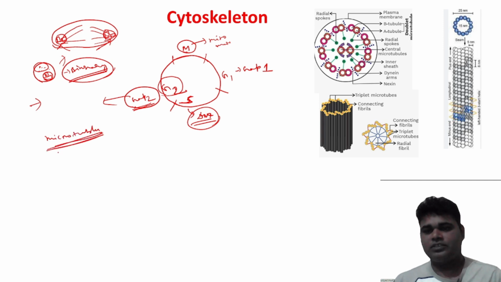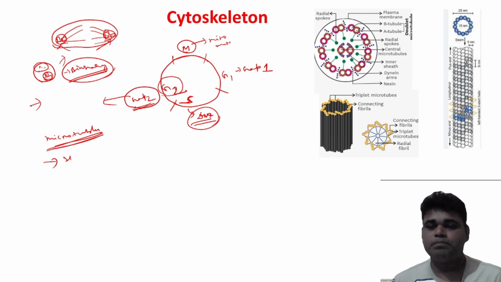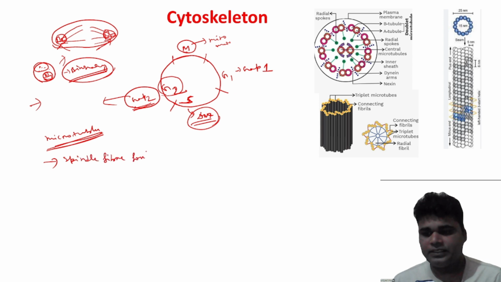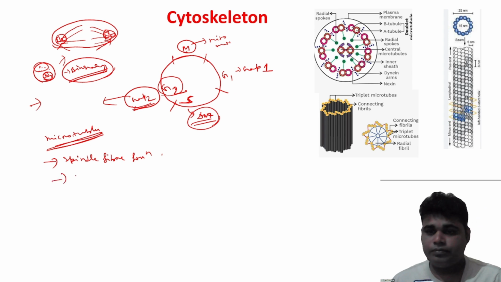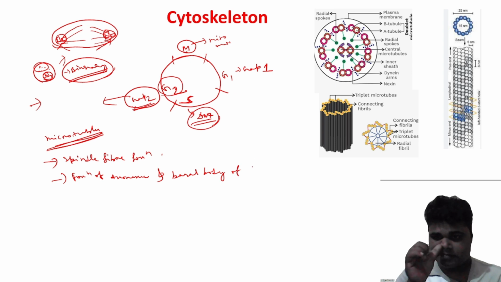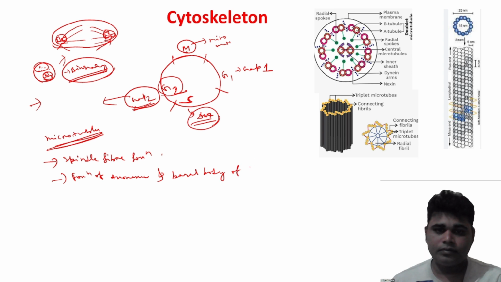As I have already discussed, but just as a summary: one is the spindle fiber formation, the second one is the formation of axoneme and basal body of cilia and flagella.